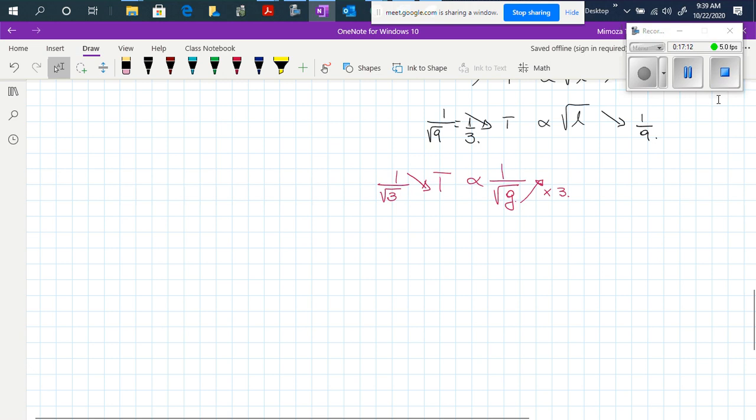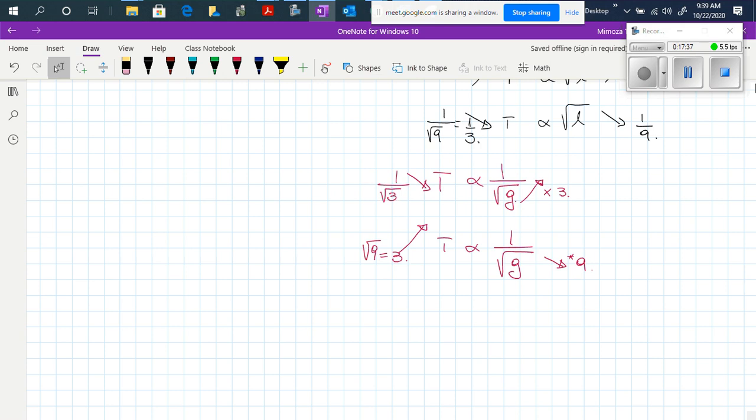If you are decreasing the gravity by a factor of 9, then the period will be increased by a factor of √9, which is equal to 3.